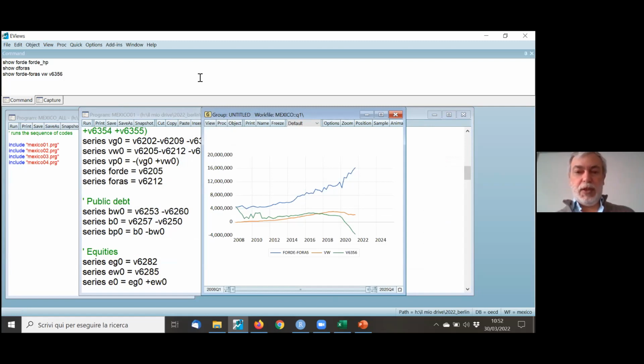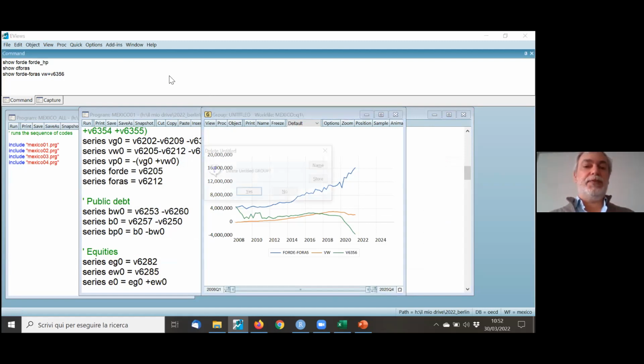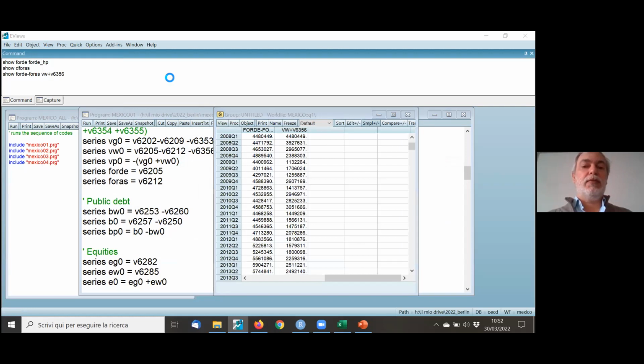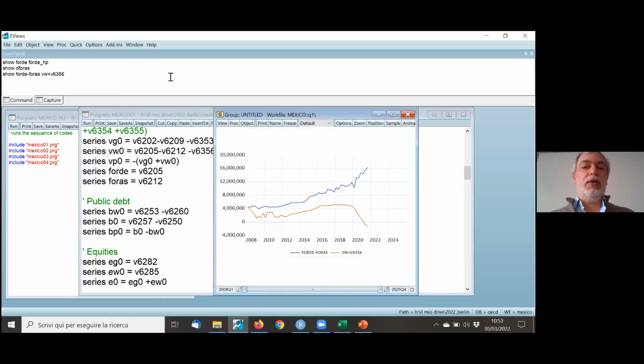So I think if we add the discrepancy to our measure, at least the two measures of the stocks start from the same point, but then one goes up and the other goes down.